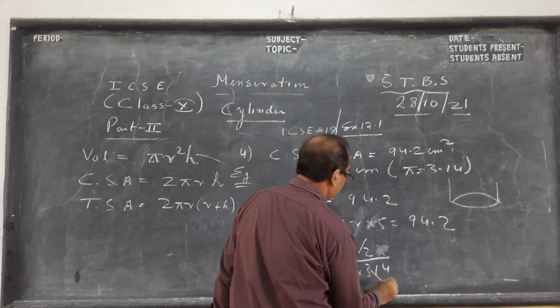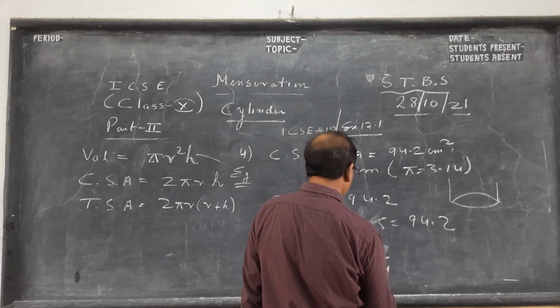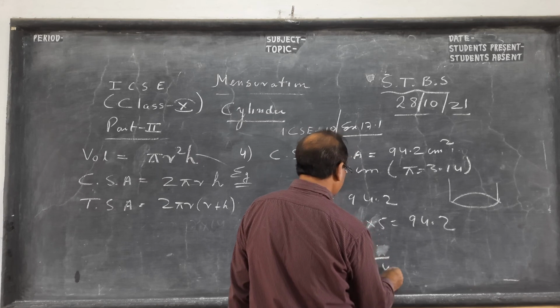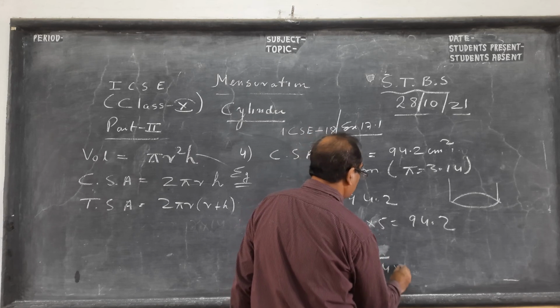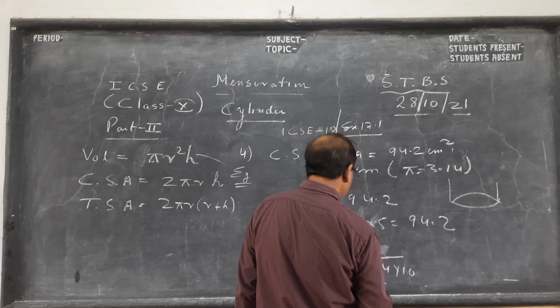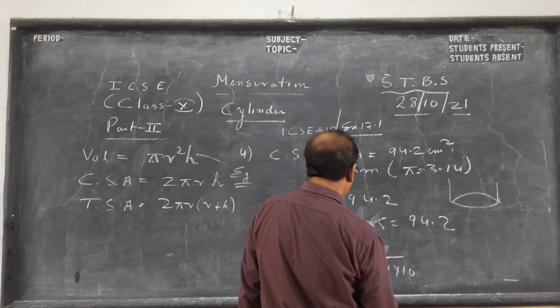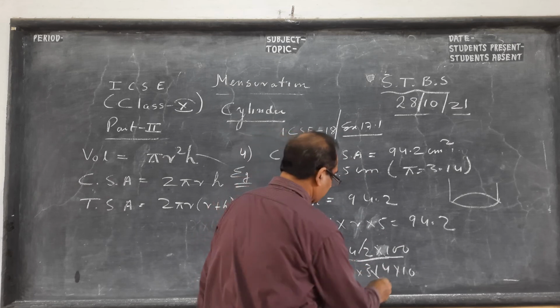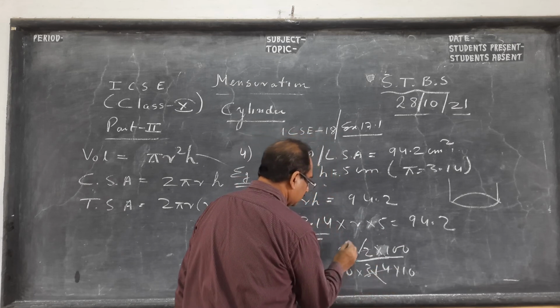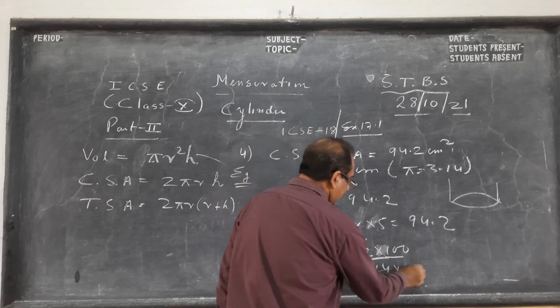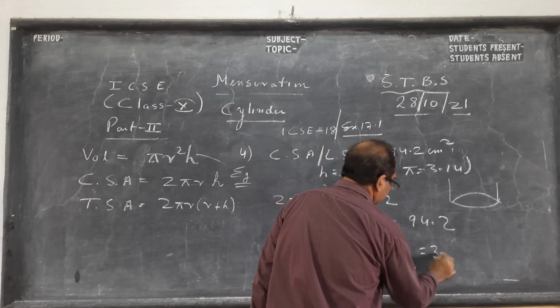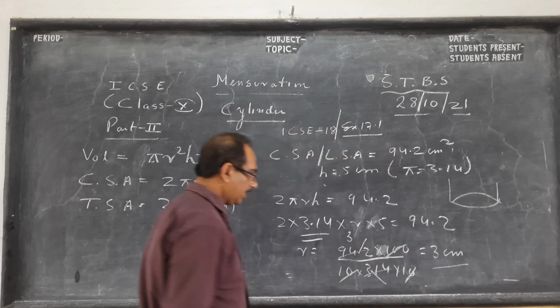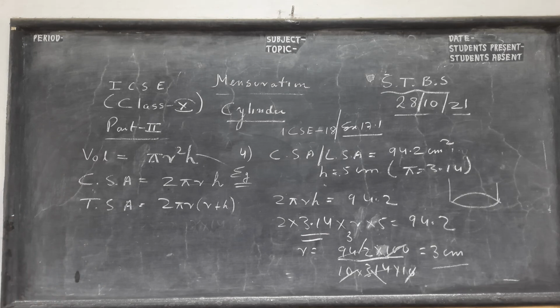See how easy it is to cancel. Now 314, 3s are 942. See, this you remove, 10 comes. This you remove, 100 comes. Two decimal places, one decimal place, cancel. 10 with 100 cancels. You get 3 centimeter. Okay, so radius is 3 centimeter, and finally we have to find the volume.